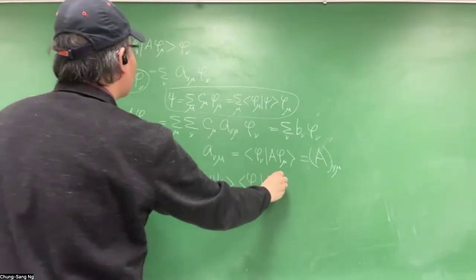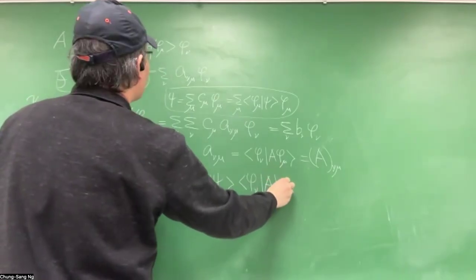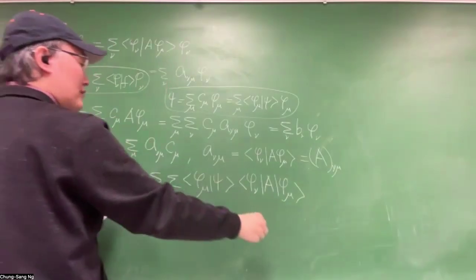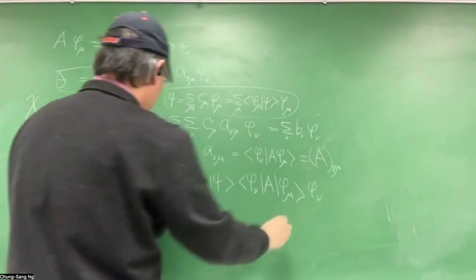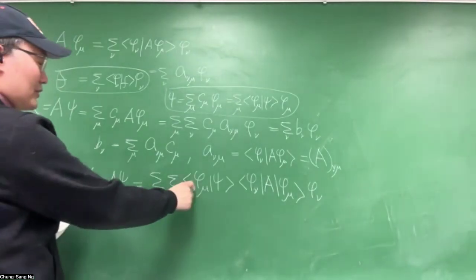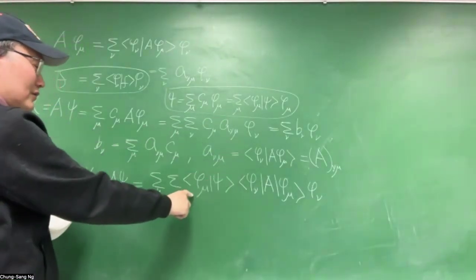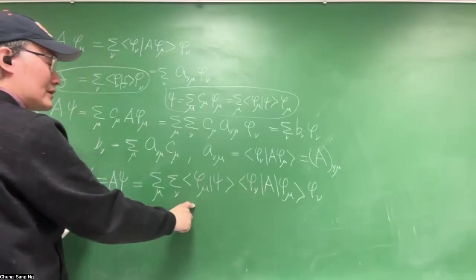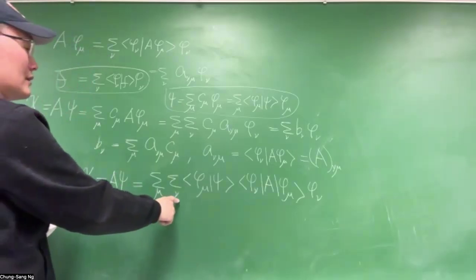But that's this one in the final. You can write it this way, without defining all these coefficients, just substituting the explicit scalar products in here.